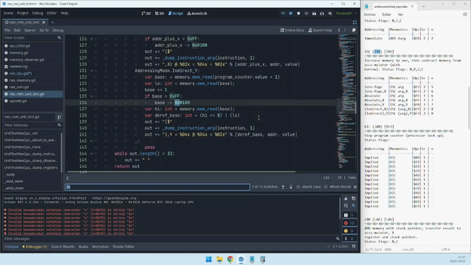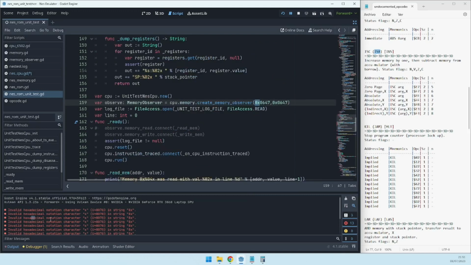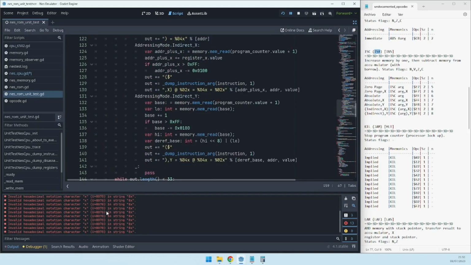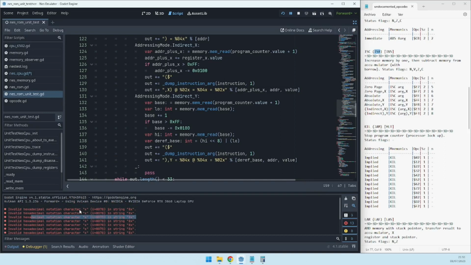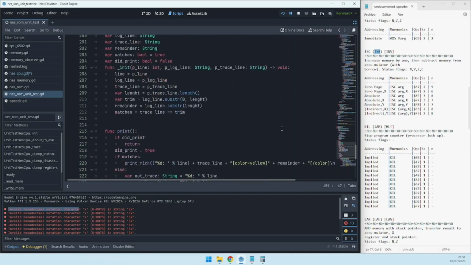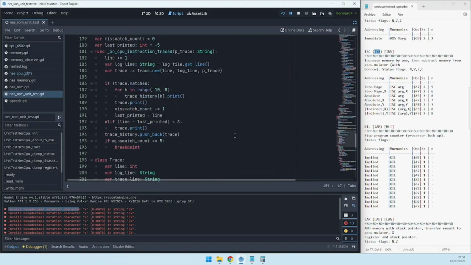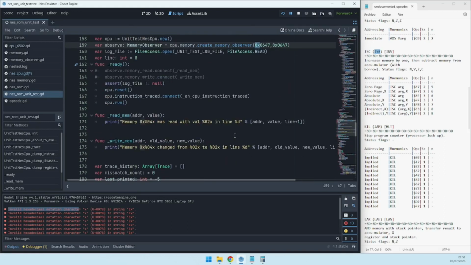Okay, I need to start searching again. How can I find this mistake? What is producing it?